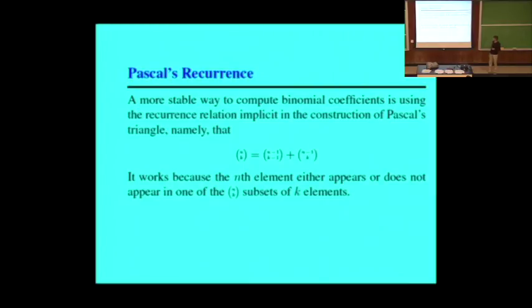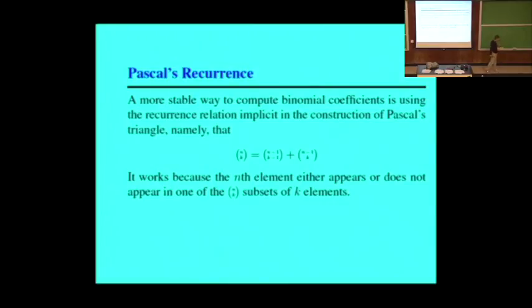If it doesn't, all k numbers are drawn from the numbers 1 to n minus 1. This is counting all subsets which do not include n. This is counting all subsets that do include n. Any subset has to either include n or not, so this counts all of them. How many people see why the recurrence is right? Anybody want a better explanation? How many people don't understand it?